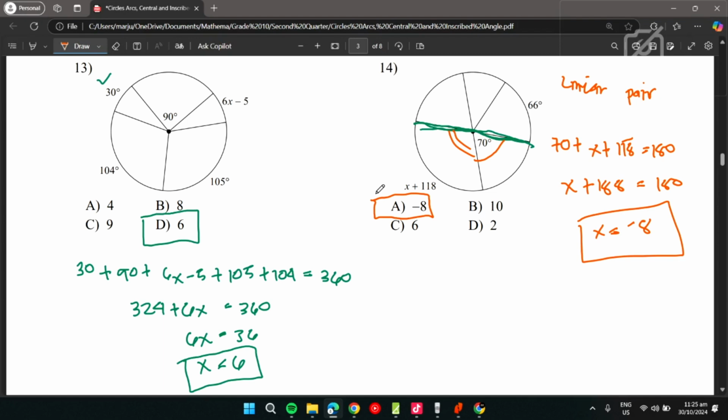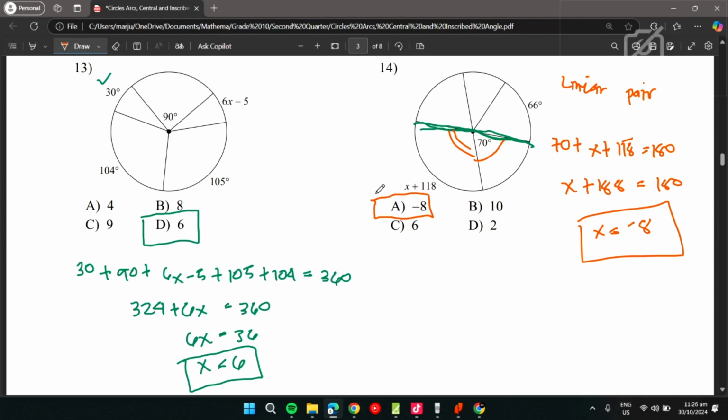According to Carl, need bawasan kasi sobra daw. Bakit kaya? Alright, bakit kaya?